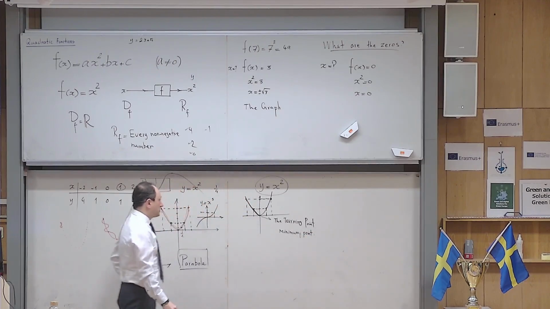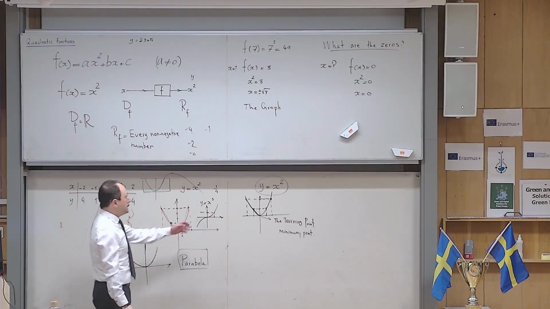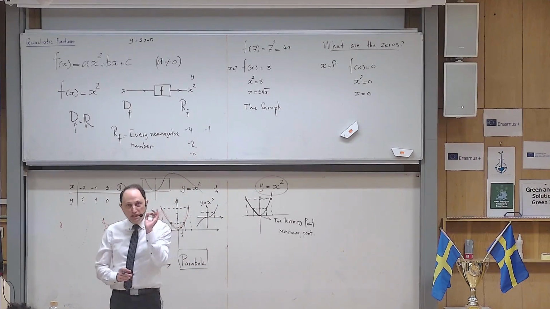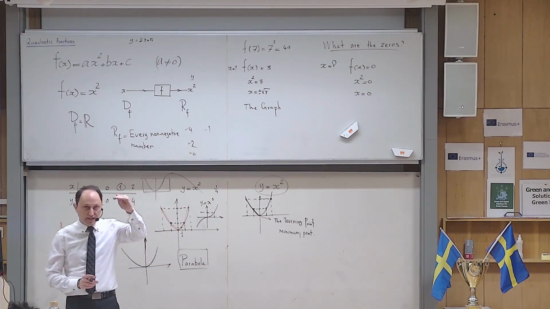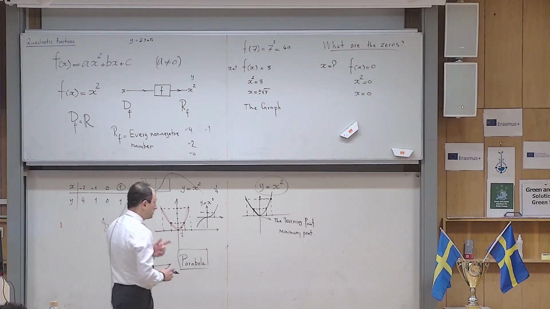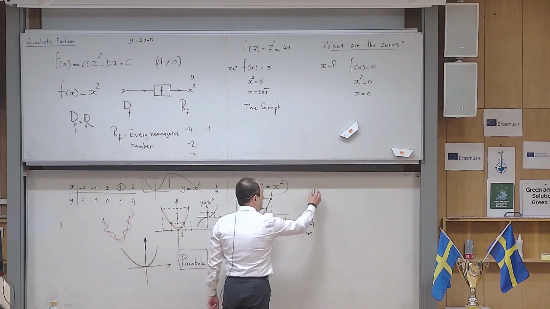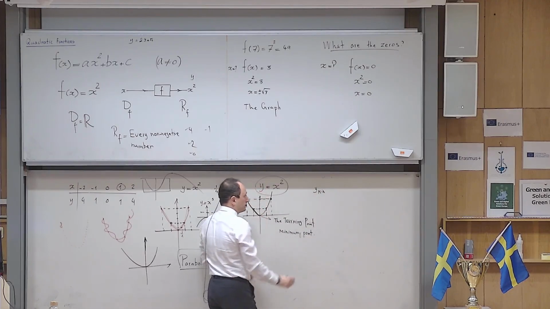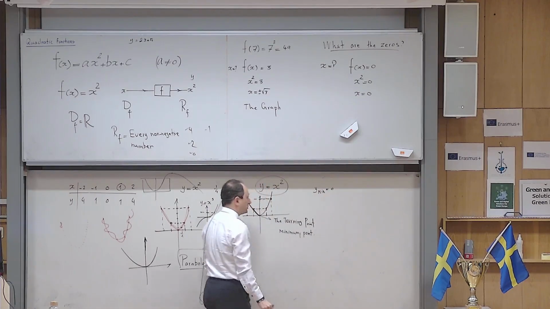Okay? So if I ask you what is the minimum of this function, what do you say? When I say what is the minimum of a function, it is the lowest height of any point on the graph of the function. So what is that? 0. Okay? So the minimum is 0. When I say minimum, I mean the minimum of y. The minimum value of y is 0.